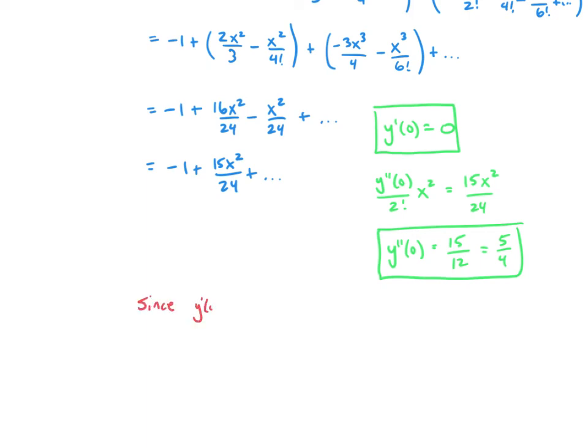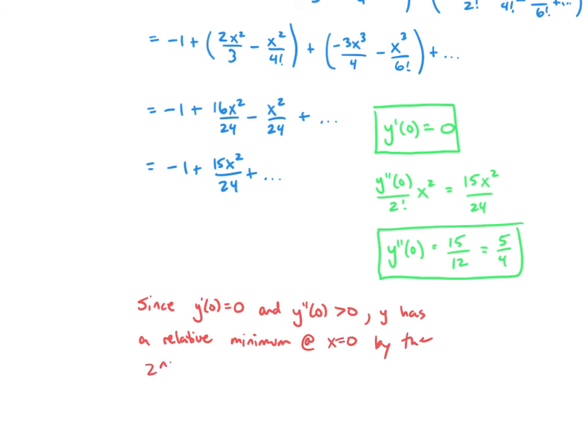Since y prime of 0 is equal to 0, that is a critical point, in other words, and y double prime of 0 is greater than 0, it's 5/4, y has a relative minimum at x equals 0 by the second derivative test.